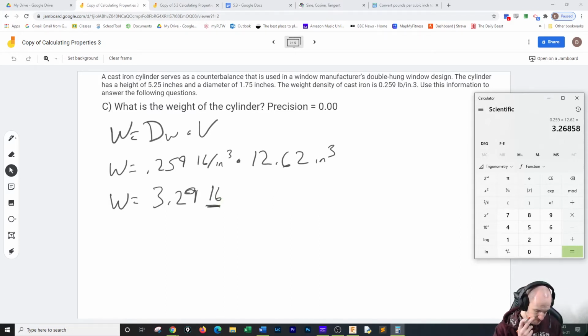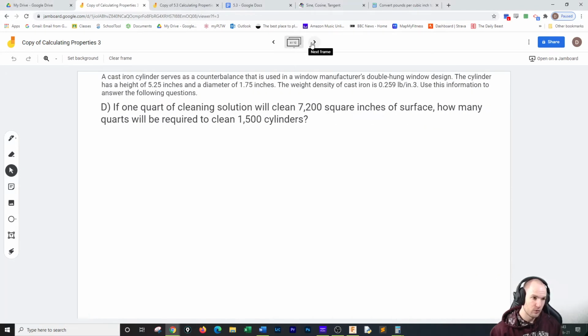Moving on. If 1 quart of cleaning solution will clean 7,200 square inches of the surface, how many quarts will be required to clean 1,500 cylinders? Okay.